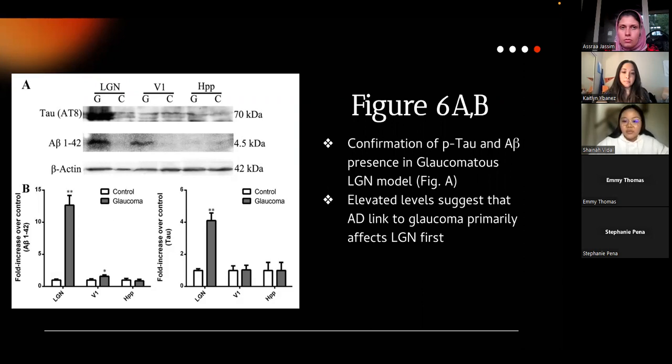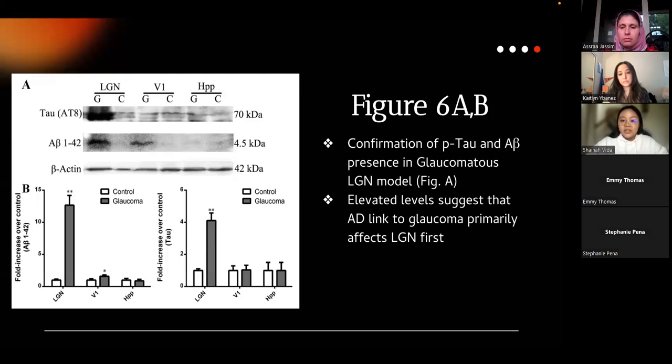As I've mentioned before, p-tau is something that we typically see with Alzheimer's disease, and its presence is going to signify that there is a progression of Alzheimer's within any model that we have. In addition to that, our A-beta is also another hallmark biomarker for Alzheimer's disease.